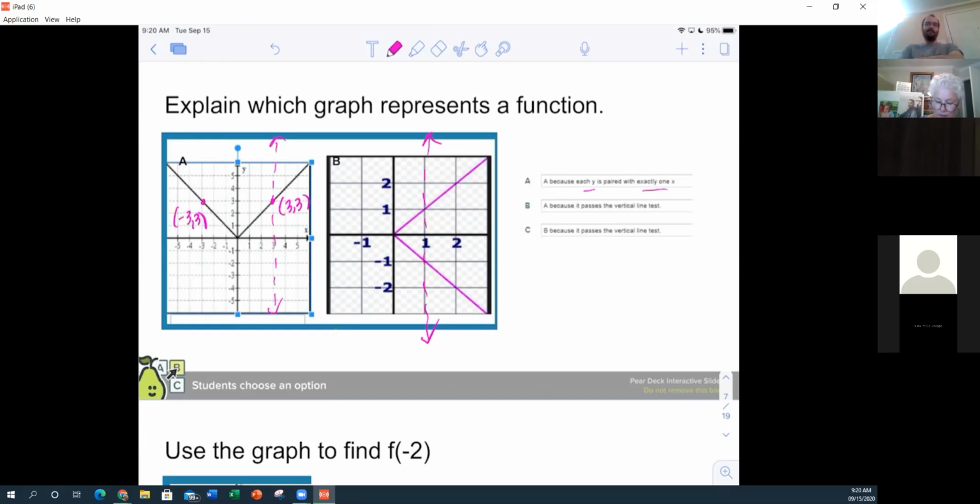So you can tell that the Y value, 3, is paired with both a 3 and a negative 3. So that's not true. The definition of a function is that every X is paired with exactly one Y. The Y values can be paired with more than one X, but the X values cannot be paired with more than one Y.